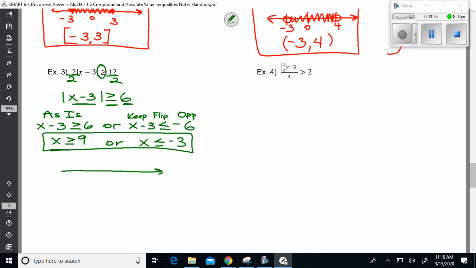So from your algebraic, your graph: 9, closed circle, shade to the right. Negative 3, open circle, shade to the left. That's your graph. So your interval: negative infinity to negative 3, union 9 to infinity.